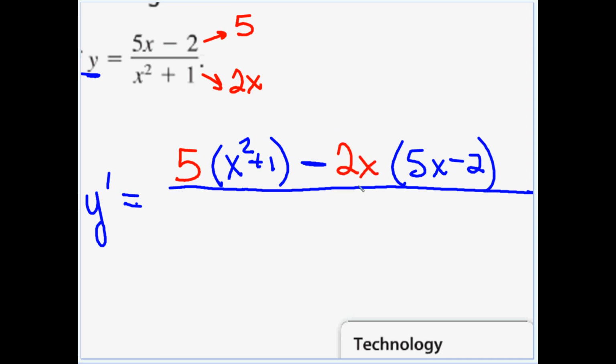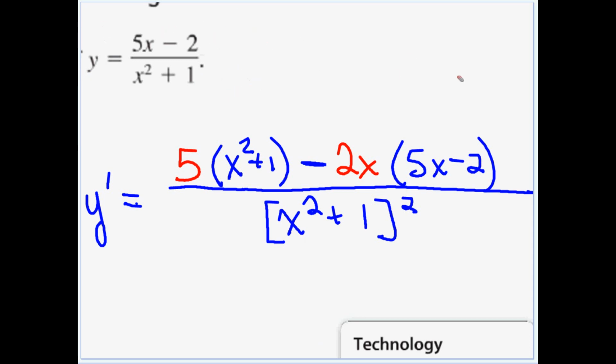I'm going to put that in front. So there it is, low d high minus high d low. Square the denominator, and off we go. So in there we're going to have x squared plus 1, quantity squared. All right, the calculus is actually over for this example.